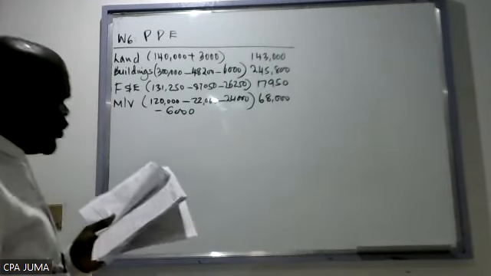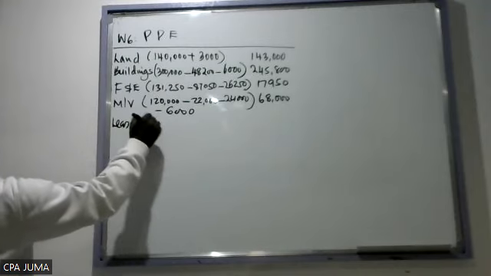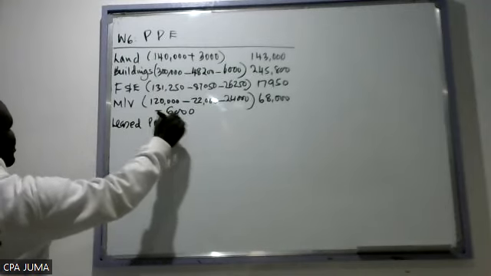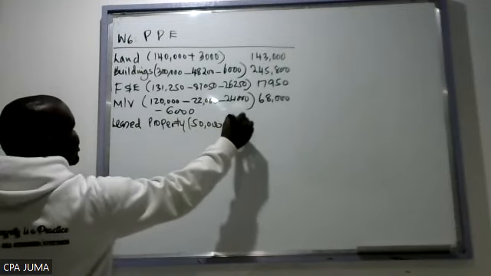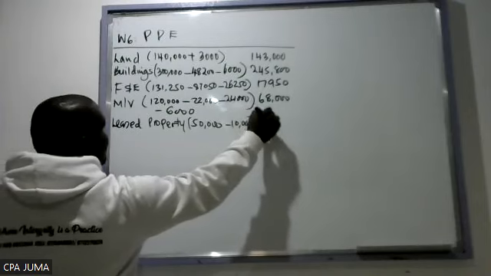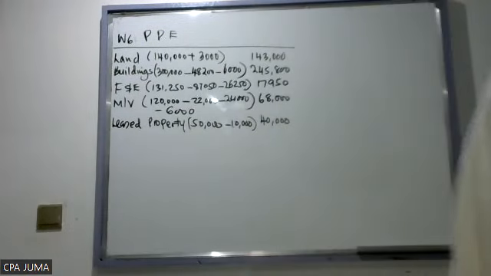Good. Then there was the one which was leased. Leased property was 50. If you can recall, we depreciated 10. So remainder was 40. According to me, that is all.